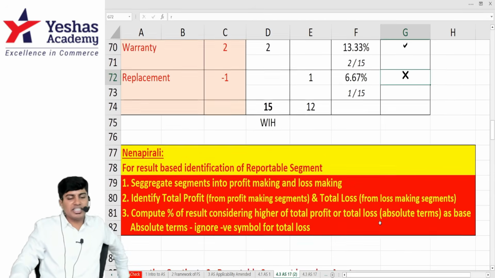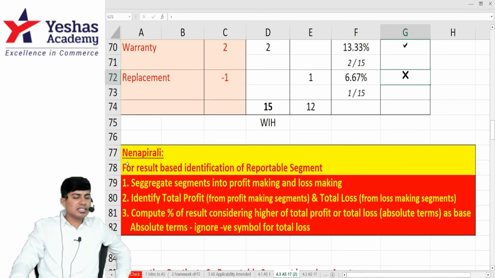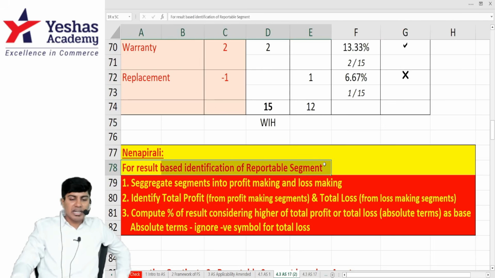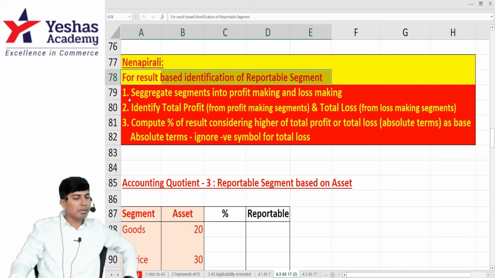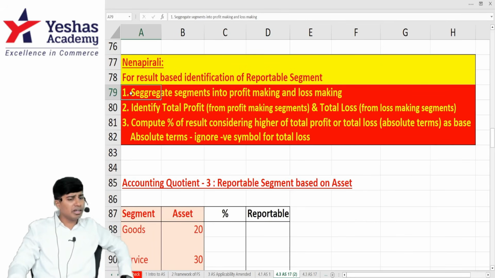I want you to read the statement that I have given below. For result-based identification of reportable segment, as in this problem, what should we do? Number 1: segregate segments into profit making and loss making. Is it given there? Read point number 2: identify total profit from profit making segments and total loss from loss making segments.